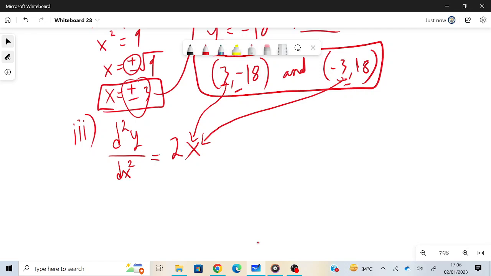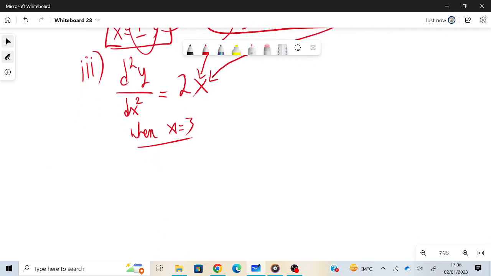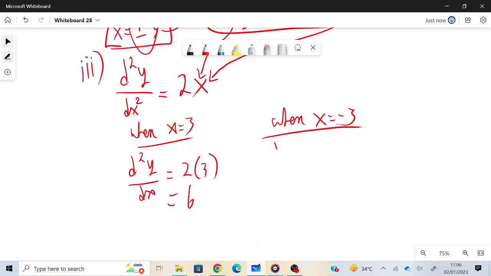So when x is equal to 3, we have d squared y over dx squared to be 2 into 3, which would give you 6. And when x is equal to minus 3, d squared y over dx squared equals 2 into minus 3, and this would give you minus 6.